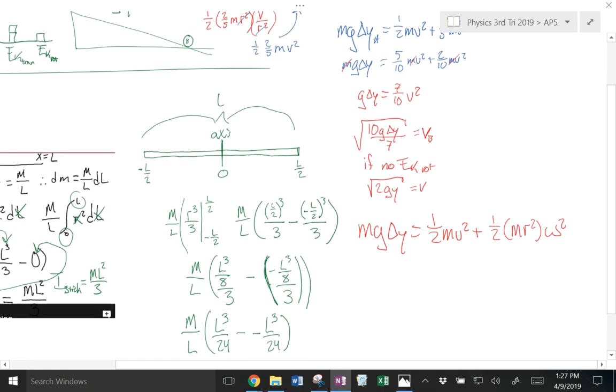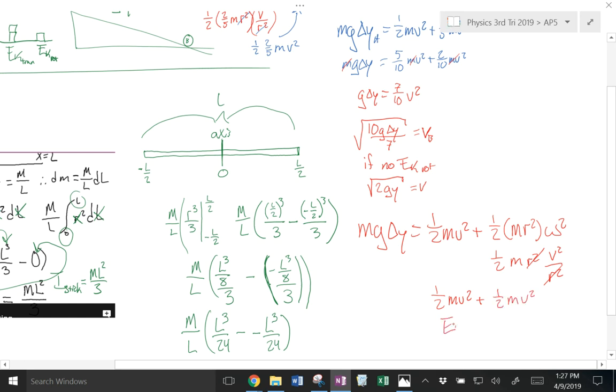And so then I'm going to end up with, if it's a hoop, this is basically telling me that half of the energy ends up as the EK tran, and half of the energy ends up as the EK rot. It's going to take equal proportions if I have a hoop.